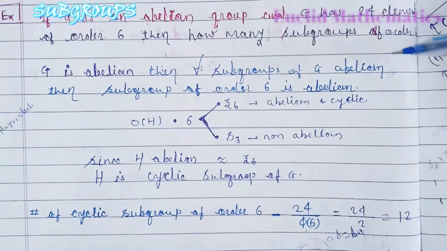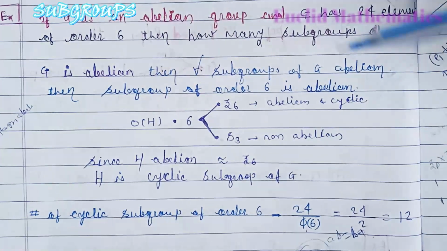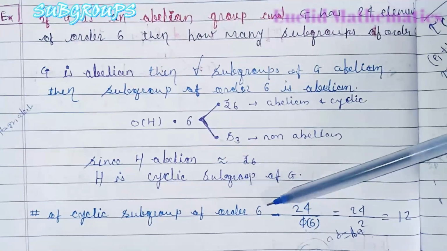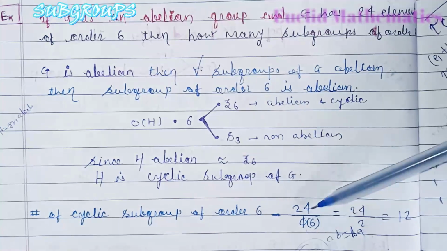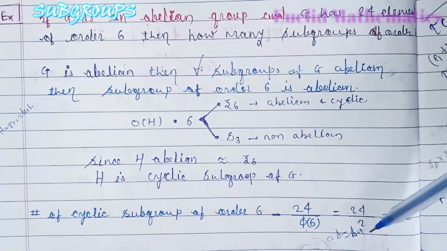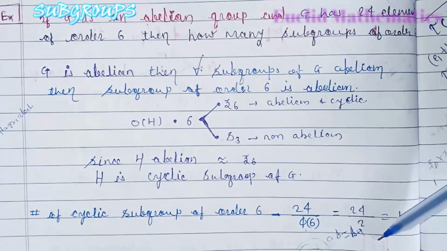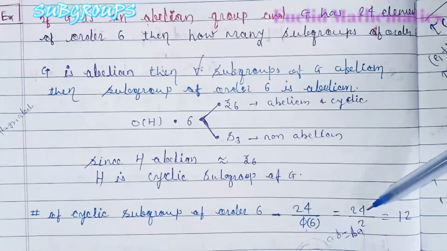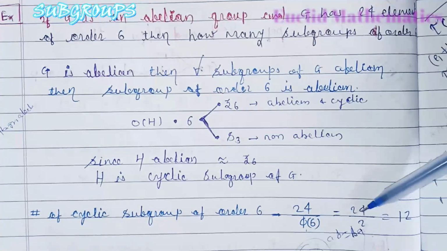In our example, the number of elements of order 6 is 24. And phi of 6, by using the Euler phi function, is 2. If you want to know how to find the Euler phi function, you can check my previous videos, where I explained it. So 24 remains the same, phi of 6 is 2, and dividing 24 by 2 gives 12.